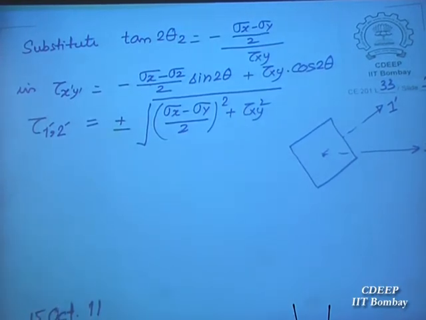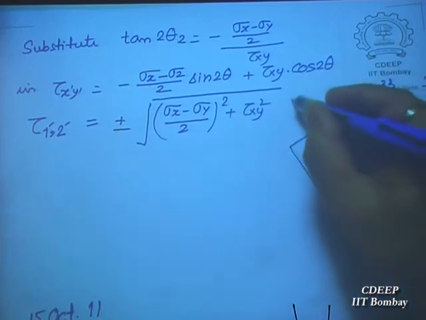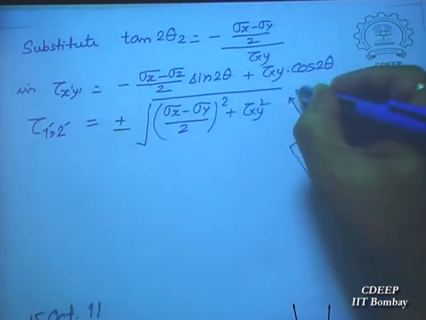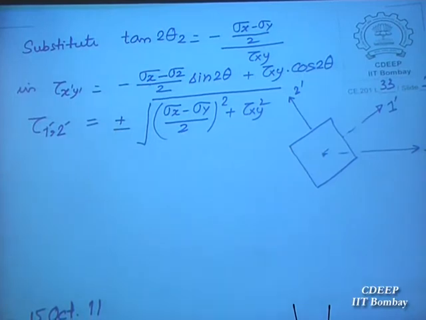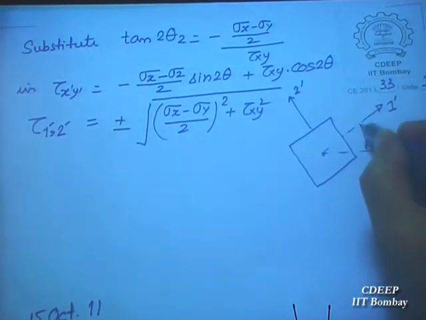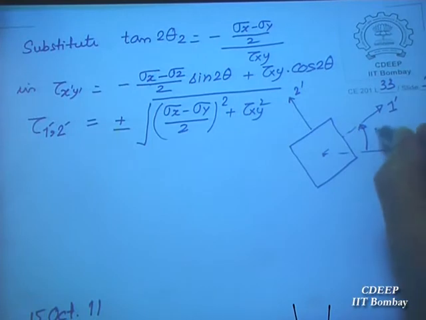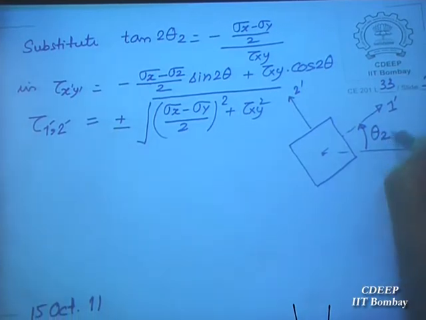So this is 1 dash and this is 2 dash, and this angle is theta 2.